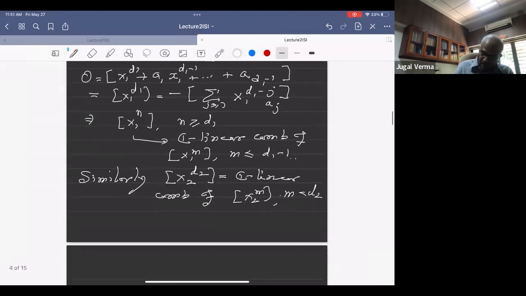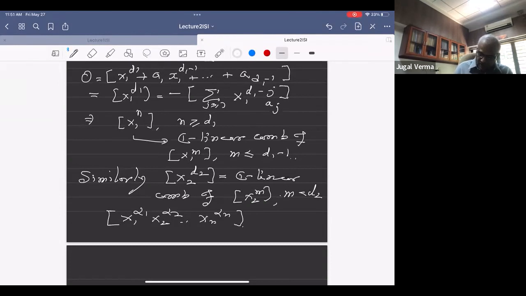So therefore, in this generating set, the generating set consisted of x1 to the alpha 1, x2 to the alpha 2, xn to the alpha n. And whenever alpha 1 exceeds d1, I can replace it by residue classes of lower powers of x1. Whenever alpha 2 exceeds d2, I can replace it in terms of linear combinations of residue classes of lower powers of x2.